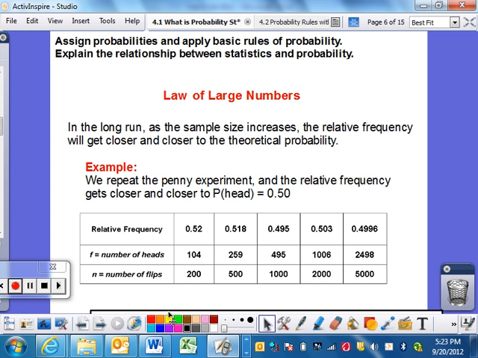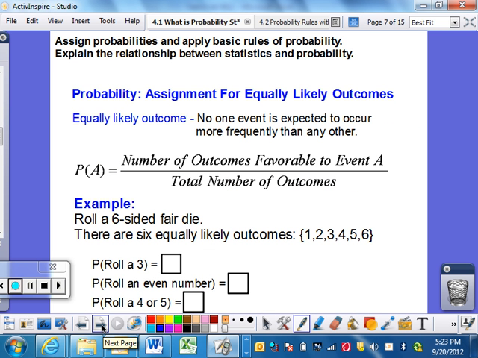If you flip a coin 10 times or 100 times, and the higher you get, so if you go 200 times, 500 times, 1,000 times, you're going to get closer and closer to the theoretical probability of 50% to get a heads. And you can run these tests on computers and different things like that. It's pretty interesting to look at how the law of averages does indeed work.